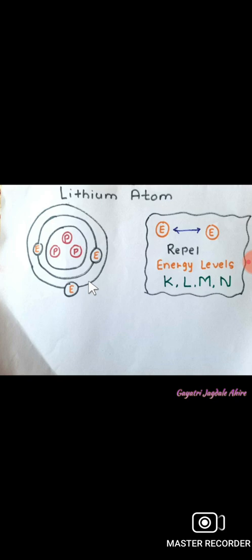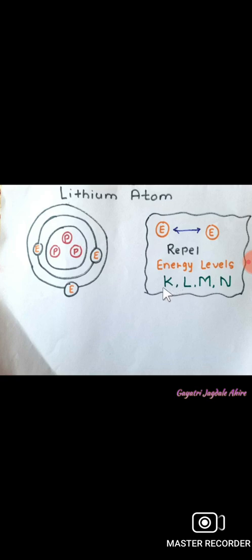Also, we know that there are different energy levels like K, L, M, N. In this way, repulsion among the negative charges is minimized.